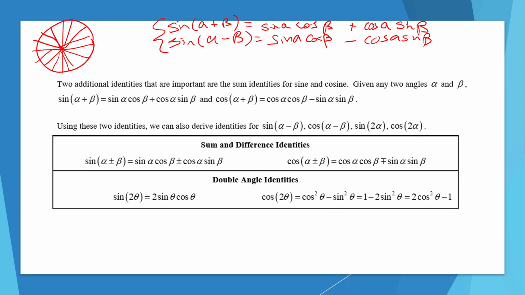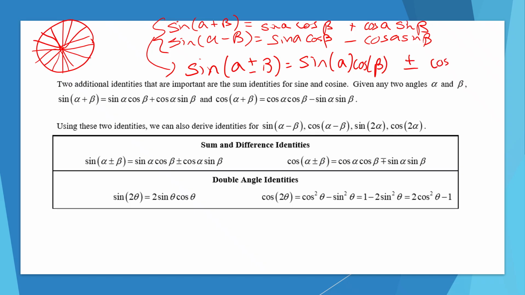The way we can simplify this is just writing it as one equation, which is sine of A plus or minus B equals sine of A cosine B, and then plus or minus cosine A sine of B, where basically all you need to remember is, let me show you this way.